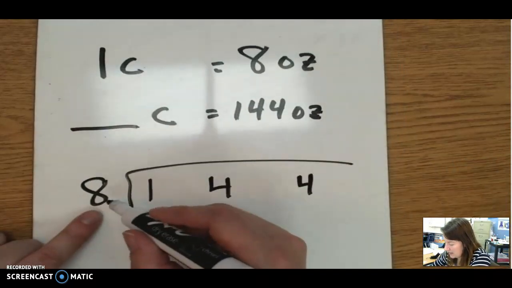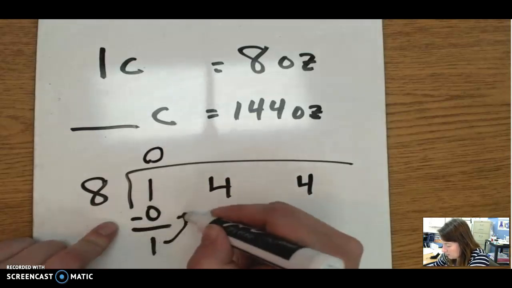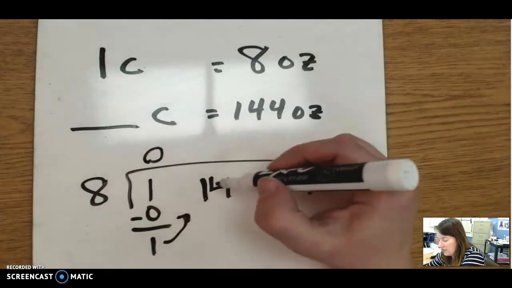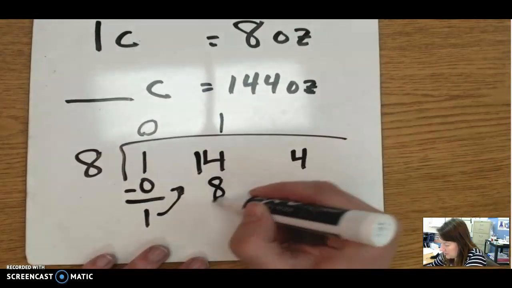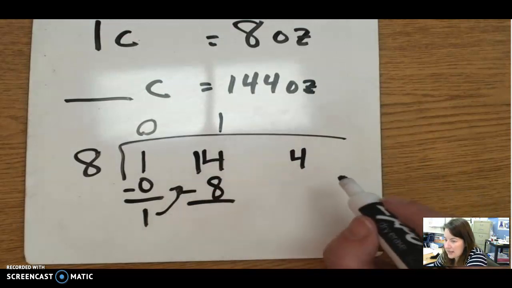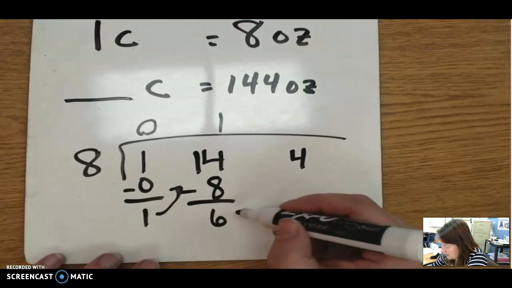So 8 cannot go into 1. I'm going to bring this one up. Okay, how many groups of 8 can I make with 14? Just 1. Subtract our 8. What's 14 minus 8? 6.